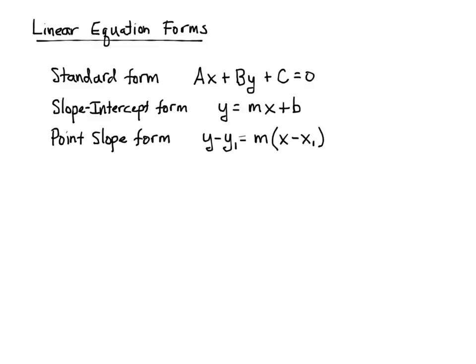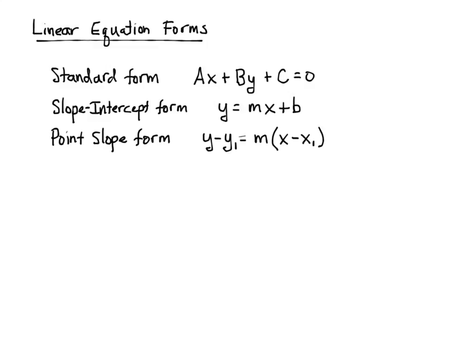We just have been dealing with the point-slope form, so we have a point and a slope, and we can make that equation. That first one is called standard form, ax plus by plus c equals 0. And this form conforms to the standard form of many different kinds of equations. And occasionally you'll see an equation like that.